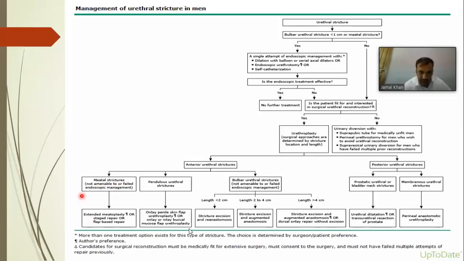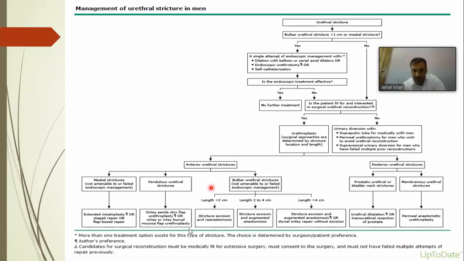Meatal stricture: extended meatoplasty or stage repair. And pendulous urethral stricture: onlay penile skin flap urethroplasty or onlay or inlay buccal mucosa flap urethroplasty.